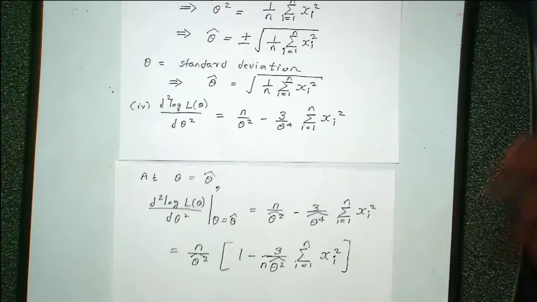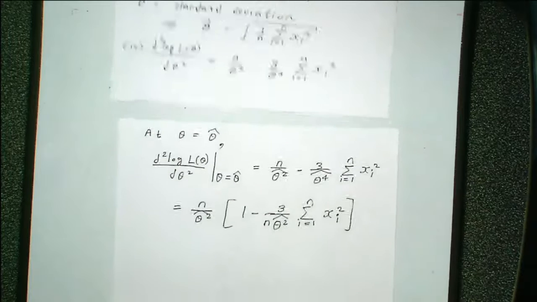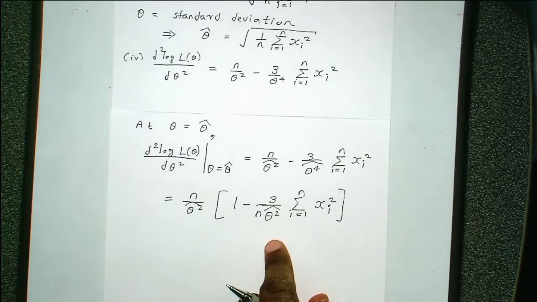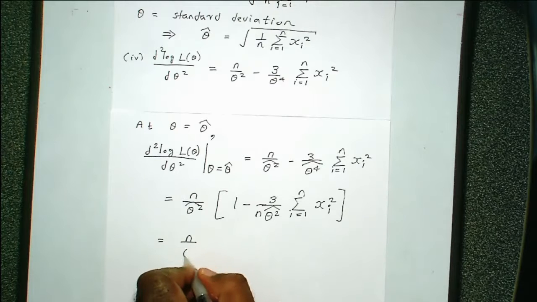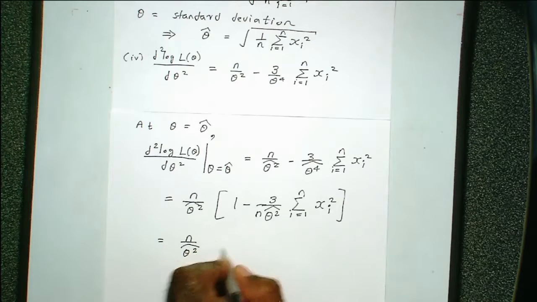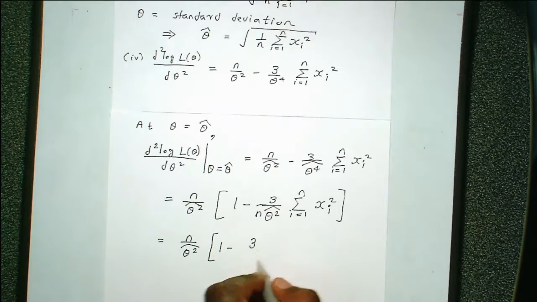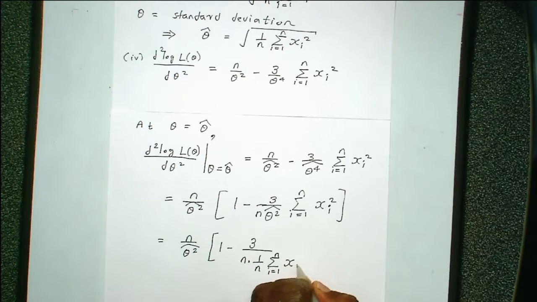Okay, are you with me? Now we know that theta hat squared is equal to 1 over n times the sum of xi squared.